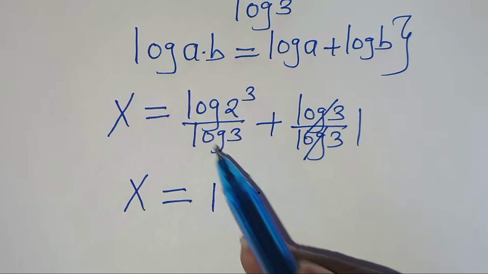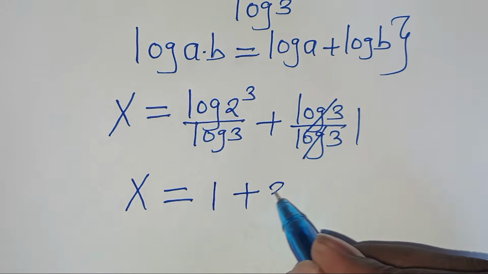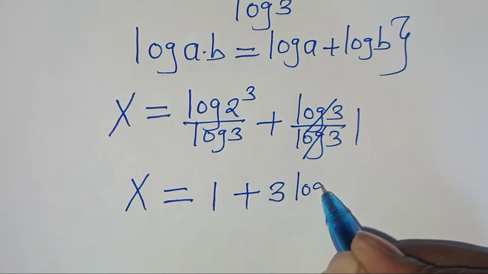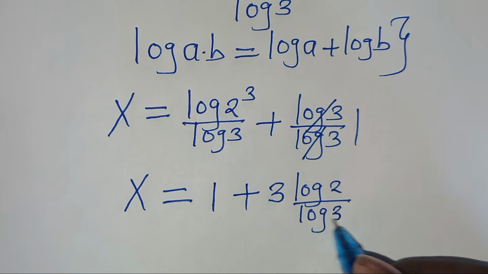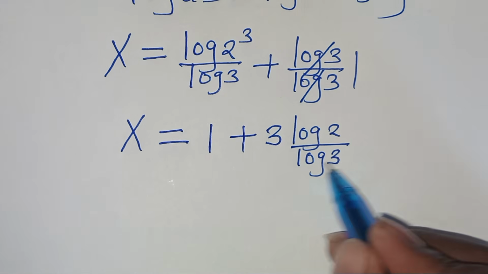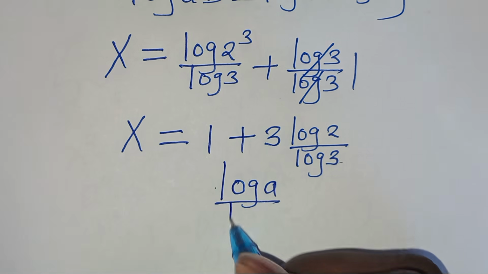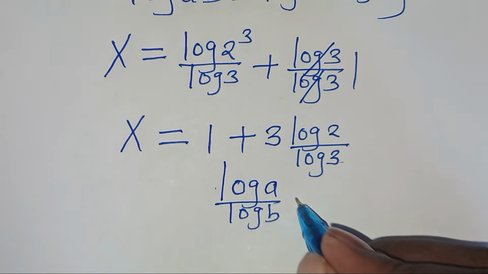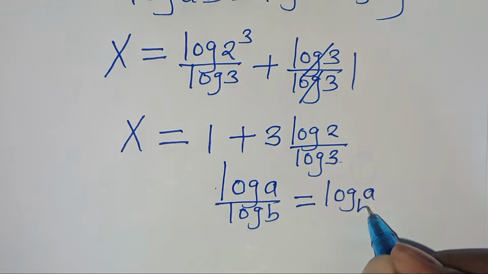Now let's apply the power property here. Log 2 to the power of 3 becomes 3 log 2 divided by log 3. We have that log 2 over log 3 is of the form log a over log b, which is equal to log a to base b.